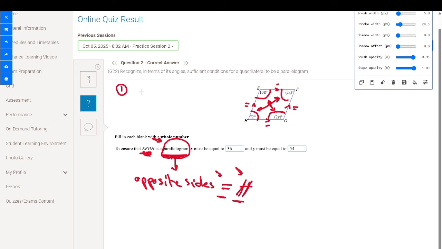First one, opposite sides are equal and parallel. And the second one, opposite angles will also be equal. Okay, and also that corresponding angles are supplementary.